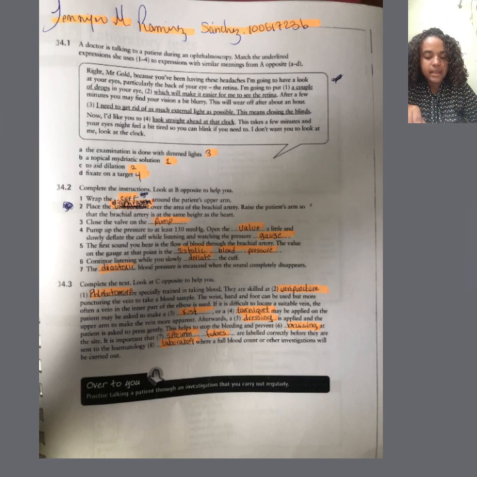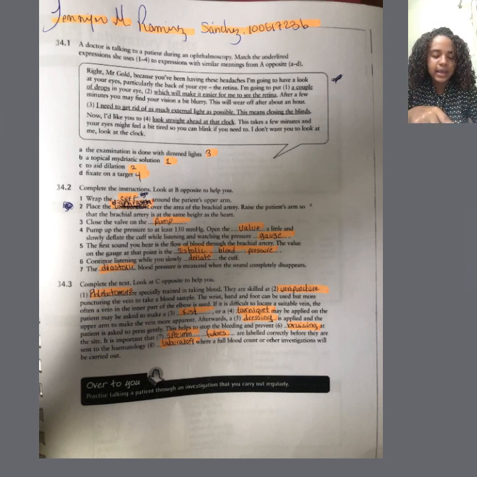That is C, dilatation. After a few minutes, you may feel your vision blurring. This will wear off after about an hour.